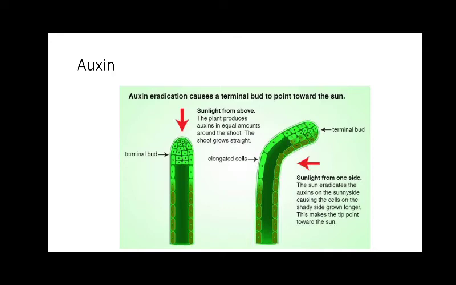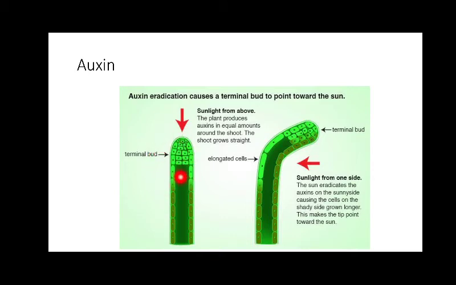And it is all because, in that particular state, in the direction from where the light is coming, the auxins are either getting destroyed, or the auxins are synthesized in the opposite side or getting accumulated on the opposite side.